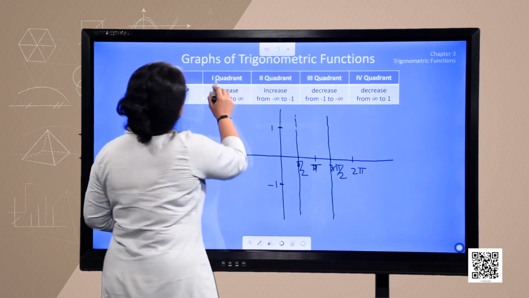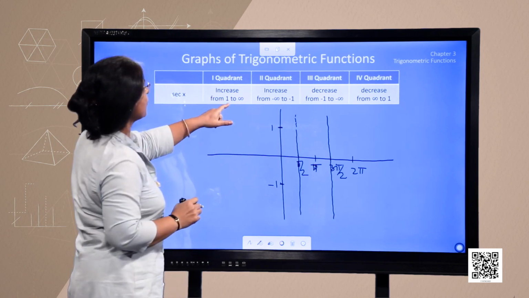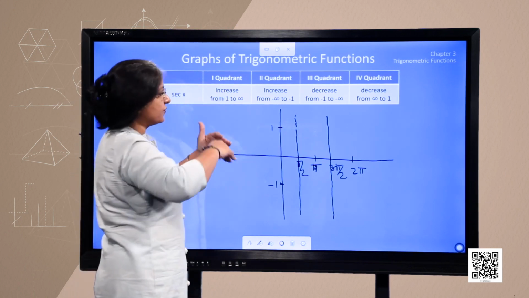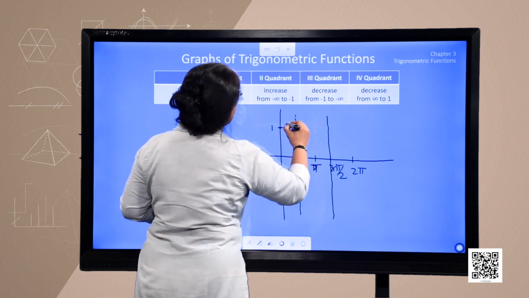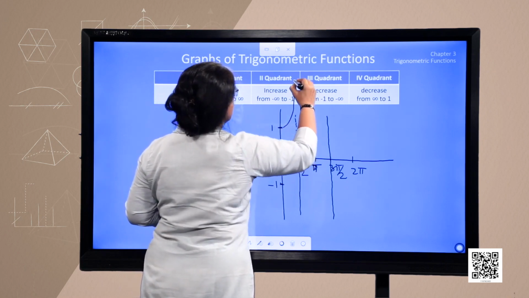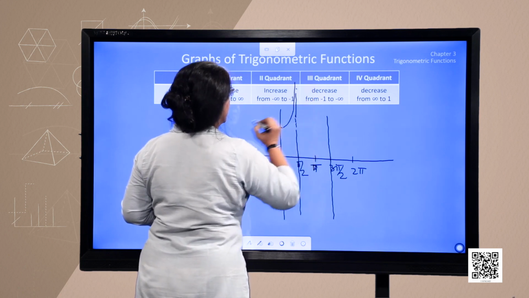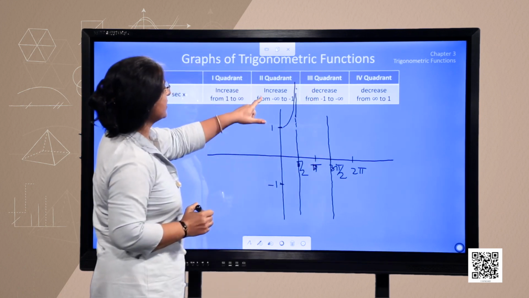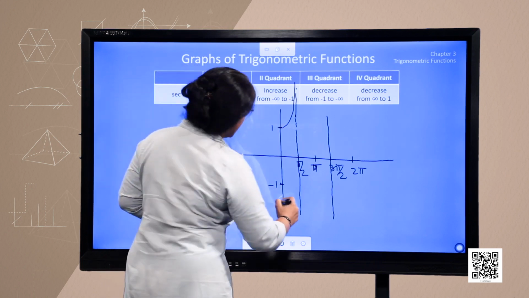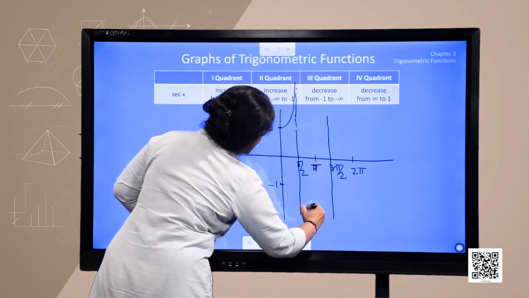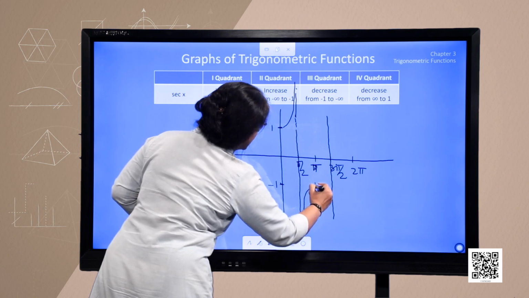So, we need to take care. Here the graph in the first quadrant, it increases from 1 to infinity. It goes further from 1 to infinity, this will be like this. And in the second quadrant, it increases from minus infinity to minus 1, like this.